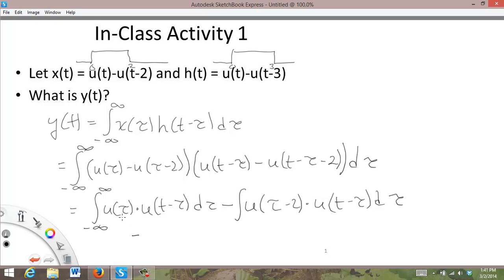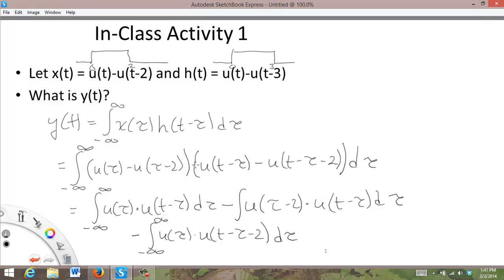Then we have the outside, integral u of tau times u of t minus tau minus 2 d tau.